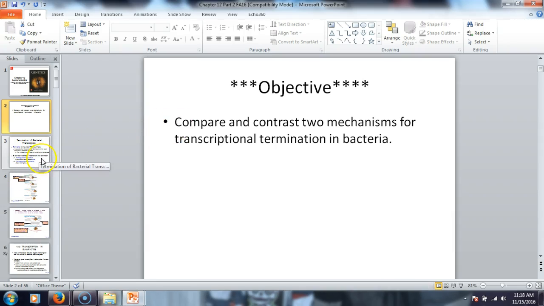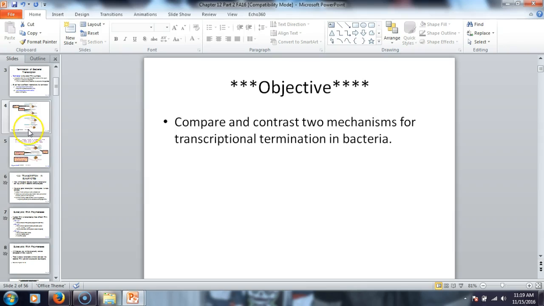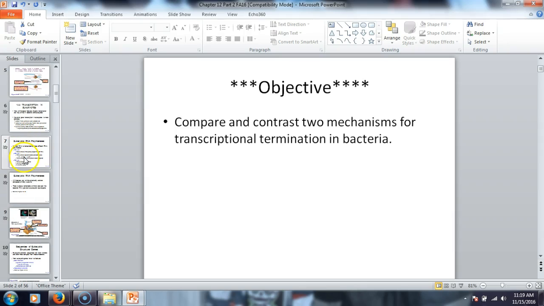So the mechanisms vary between bacteria on how they stop, and I think this is pretty straightforward stuff.